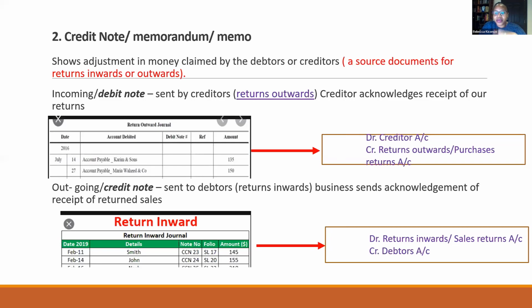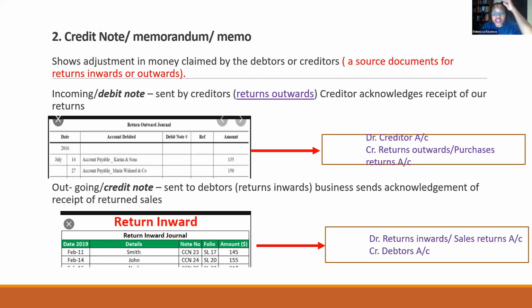And then we open up a new account, which we call the returns inwards account, also known as the sales returns account. Now back to our income statement, where we have sales, less cost of sales, where we have our purchases. Now we're just looking at that part that has sales. Once we have our sales, we less sales returns.